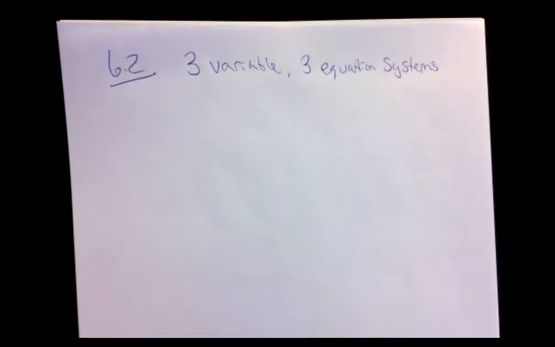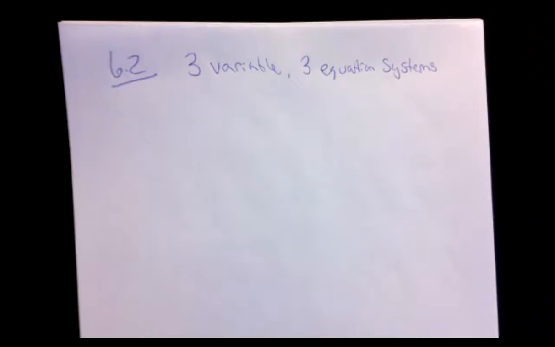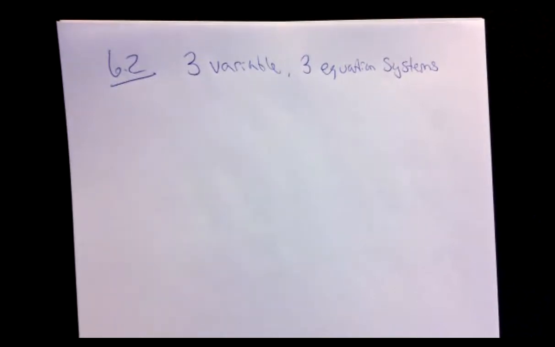We're never going to solve a 3-variable, 3-equation system by graphing. Okay, it would take a special kind of program with a special kind of software to be able to do so. We're not equipped with that. There is equipment out there that can do it, but we're not dealing with it in 3-dimensional space. So I'm going to just show you an algebraic method for solving.